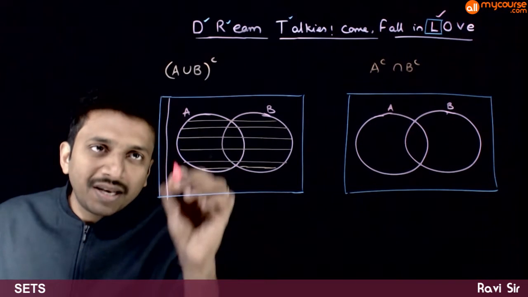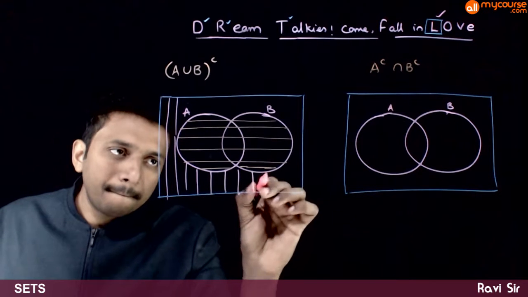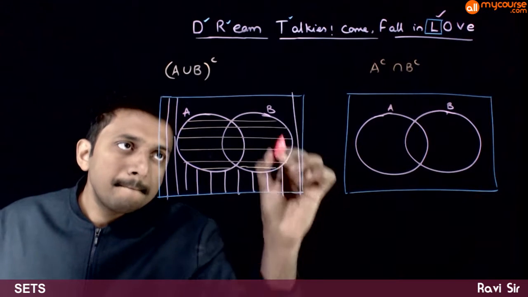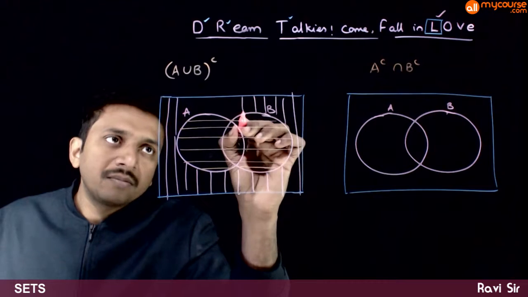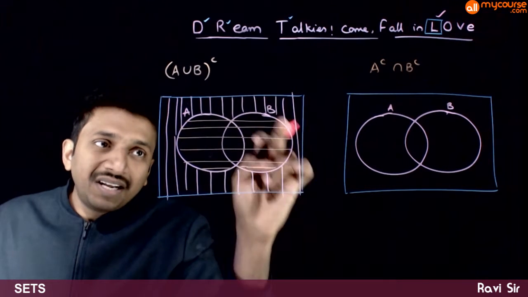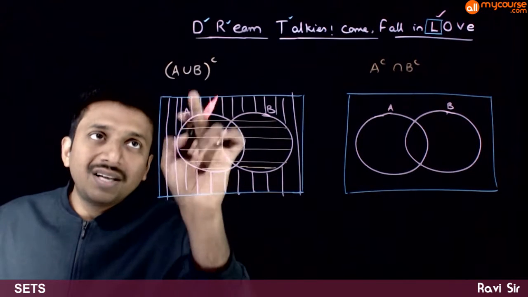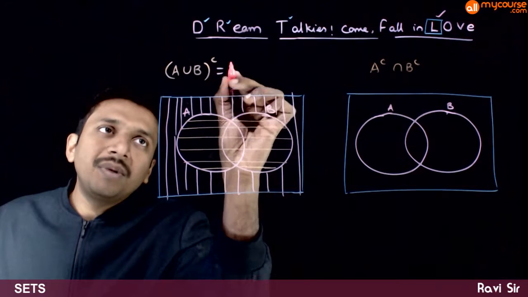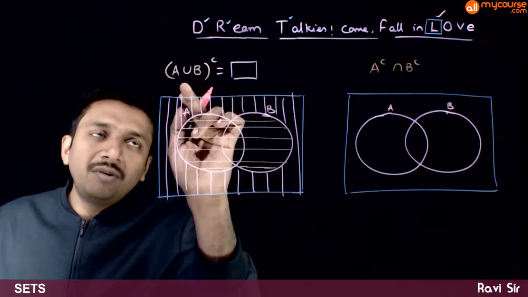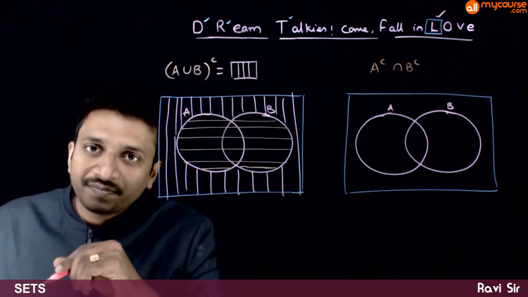So the region remaining is what I am shading now. The region represented by the vertical lines is the region corresponding to A union B whole complement.